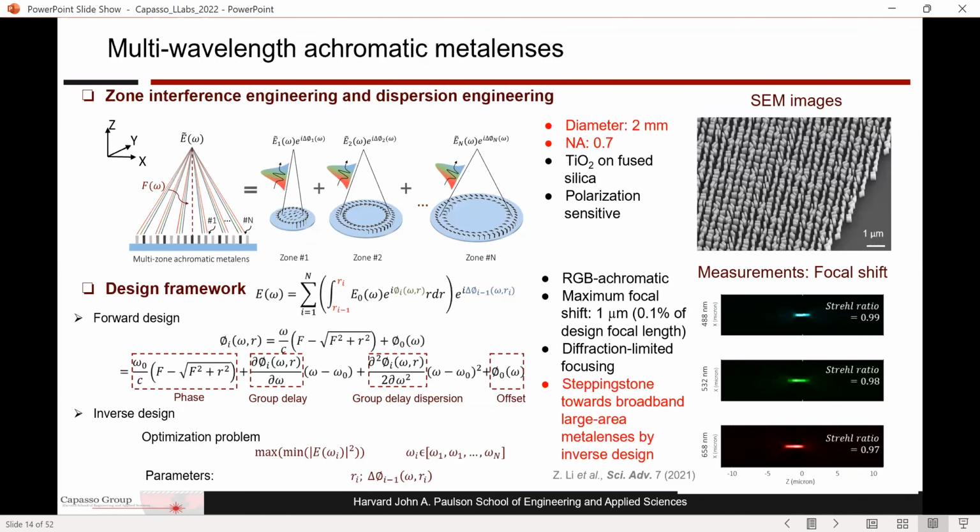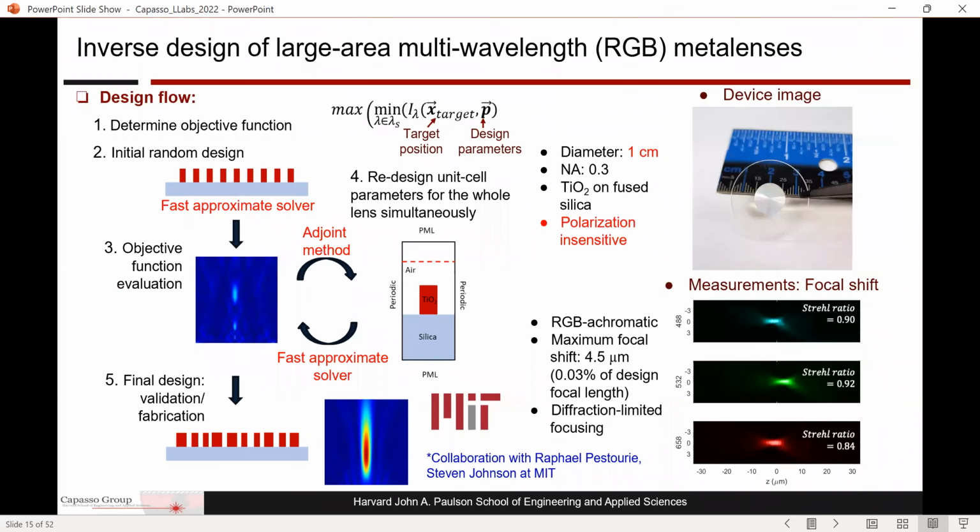I'm going to skip this and show you straight recent results in collaboration with the group of Steve Johnson at MIT. The goal here is to design metalenses that are 1 centimeter in diameter, that show diffraction limited performance with identical, as much as possible, focal length for the 3 primary colors.